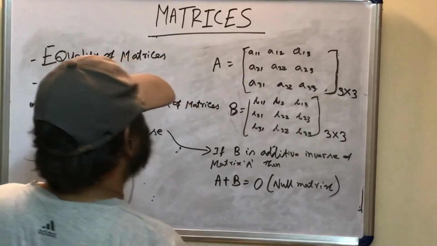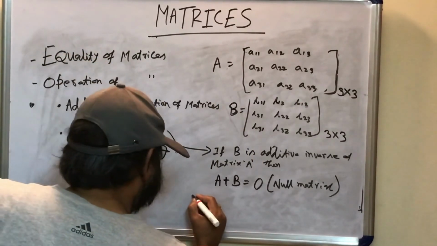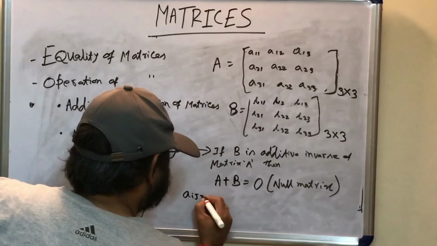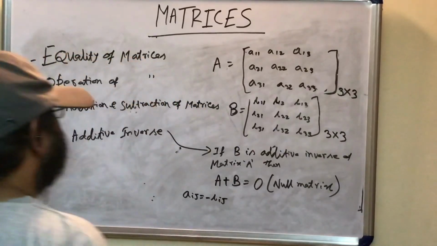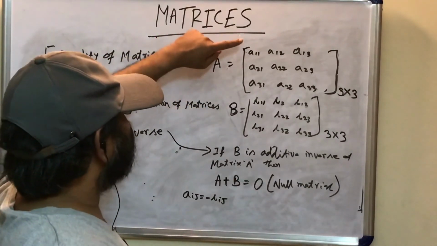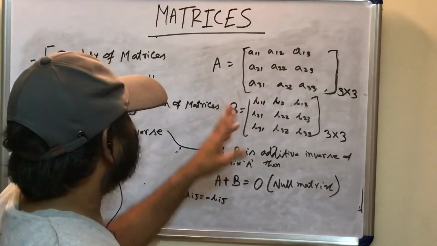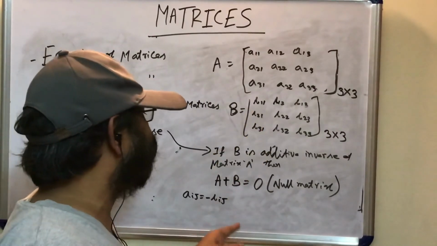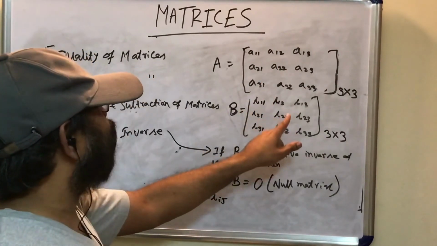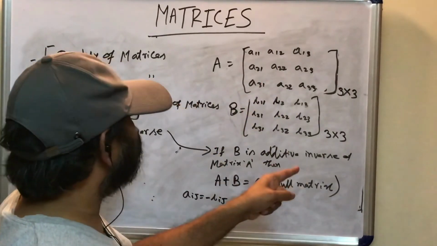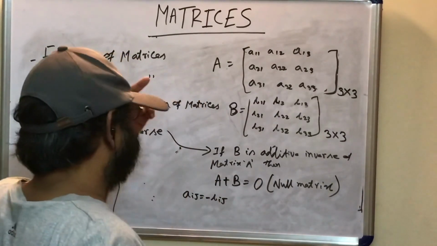When matrix B is the additive inverse of matrix A, in generalized form we can write Aij equals minus Bij. That is, if the value of A11 is 5, then the value of B11 would be minus 5. Then if we add A11 plus B11, it would be 0. Similarly, if the value of A12 is 7, then the value of B12 would be minus 7. After addition, the resultant element will be 0.